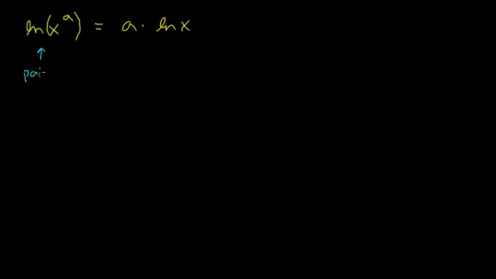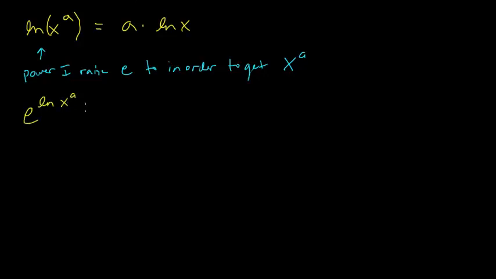Well, that's the power I raise e to in order to get x to the a. So let's just do that. Let's take e and raise it to the natural log of x to the a. That needs to be just plain old x to the a. Let's look at the right side. If I take e and I raise it to a times natural log of x.